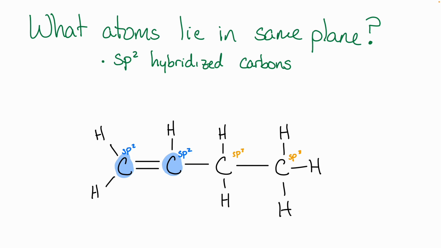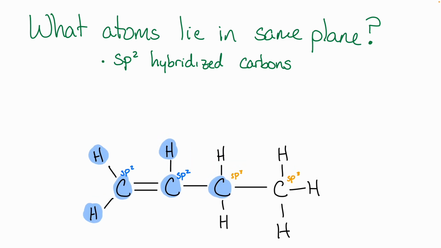So each one of them will have 2 other bonds. These atoms that are directly bound to those sp2 hybridized carbons are all sitting in one plane, are all in this flat region of our molecule here. So our sp2 hybridized carbons and all of their directly bound atoms.